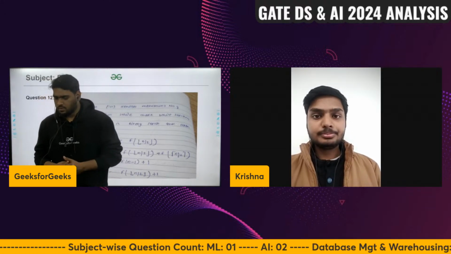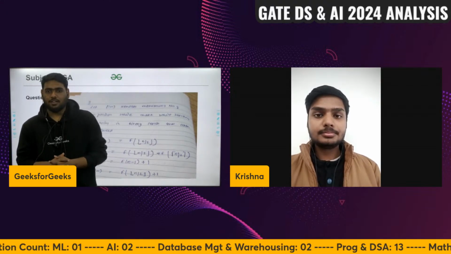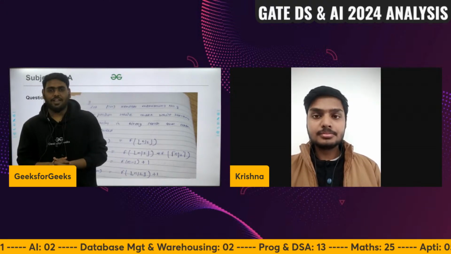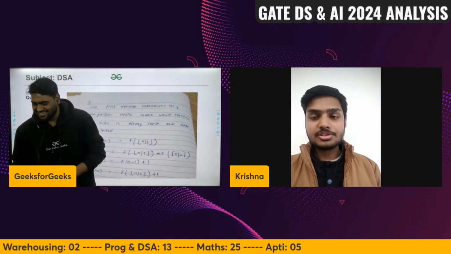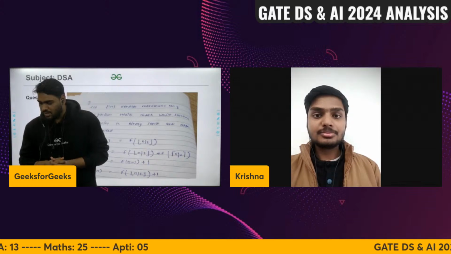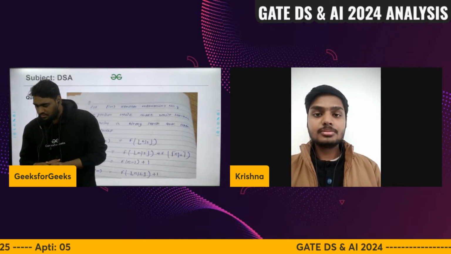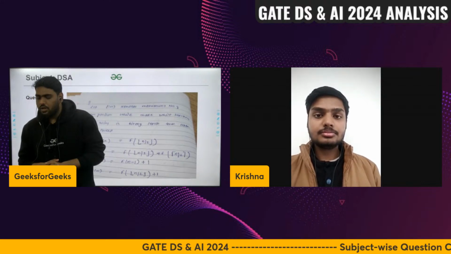Okay. Krishna, from the perfect analysis you are providing, I can already say that the paper went well for you. Yes, sir. We do have inputs from more people as well. Again, Krishna is here.